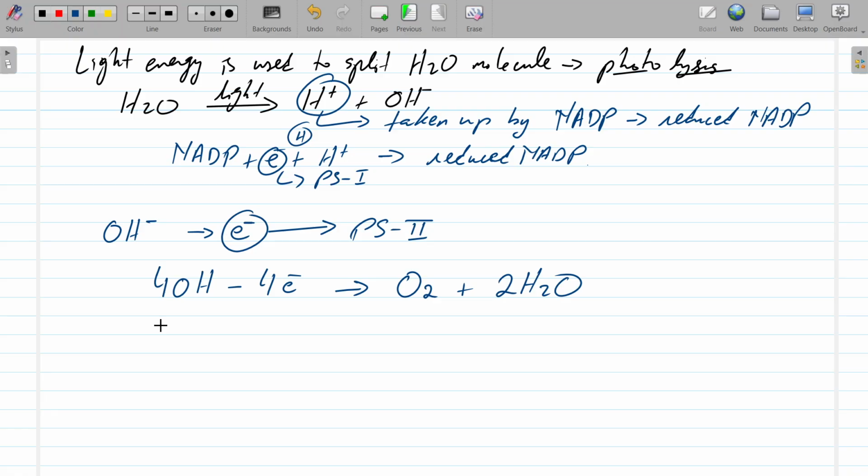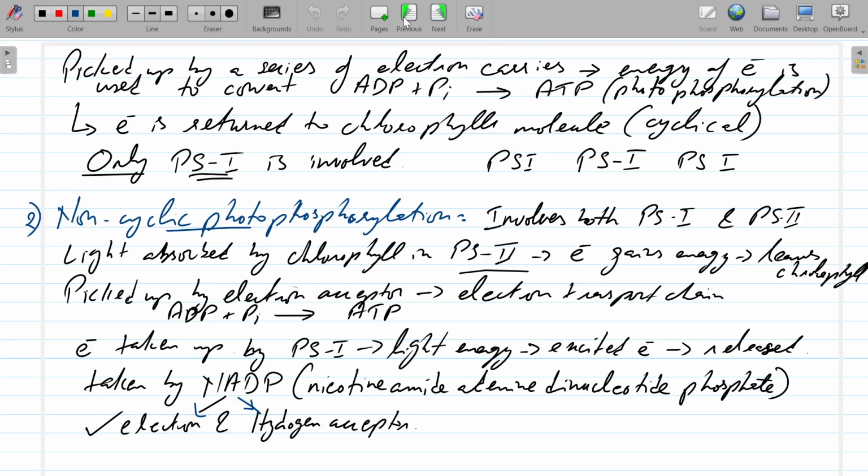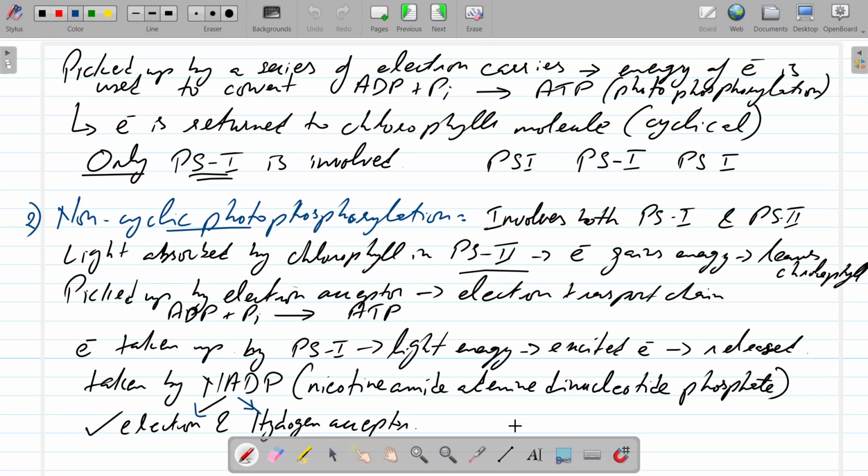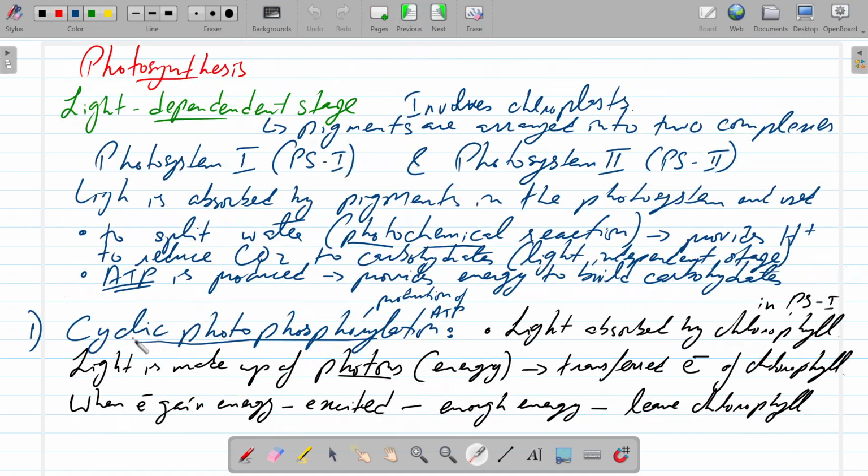Okay, very quick recap. Cyclic photophosphorylation involves only photosystem 1. Light is absorbed by the chlorophyll in photosystem 1.